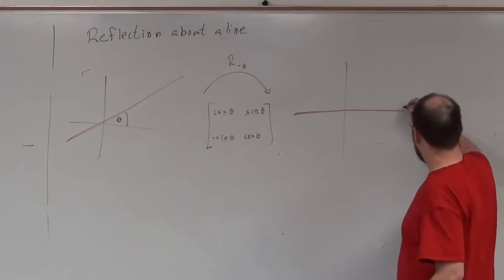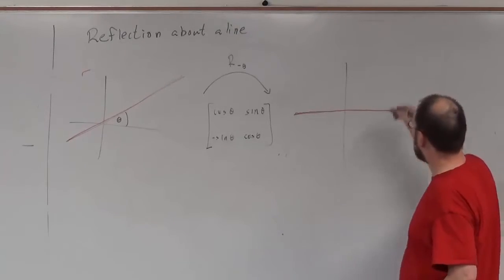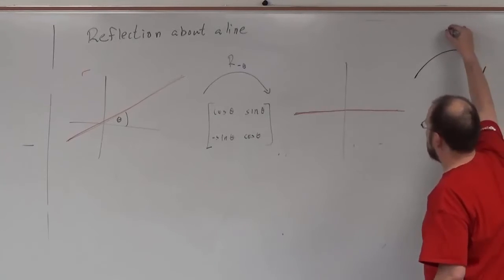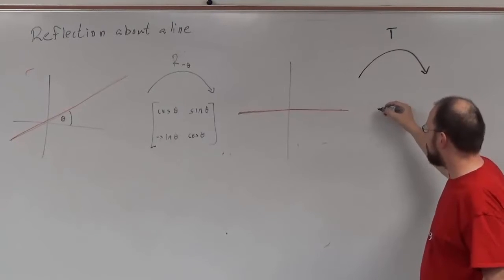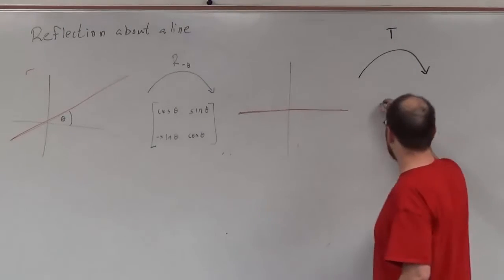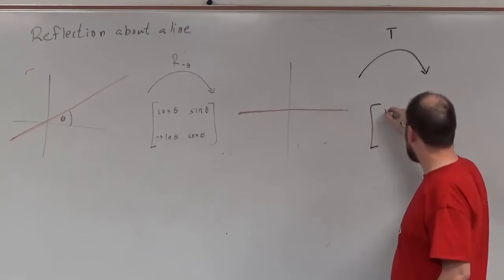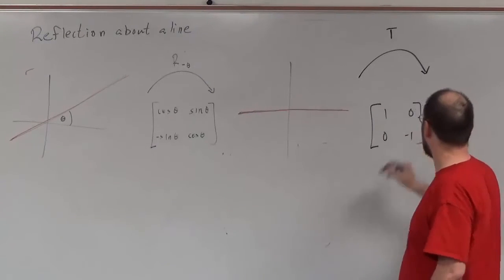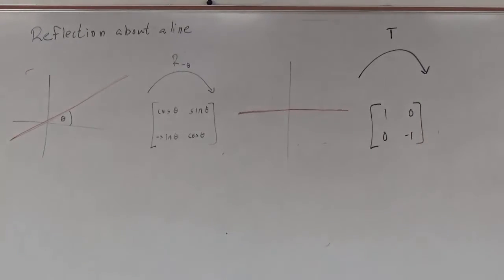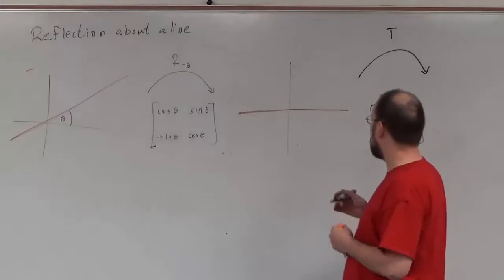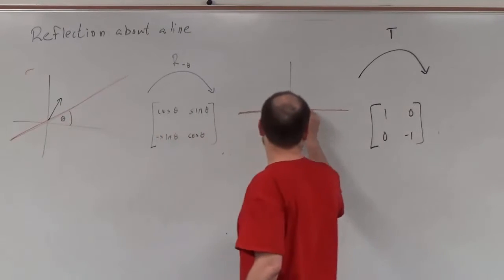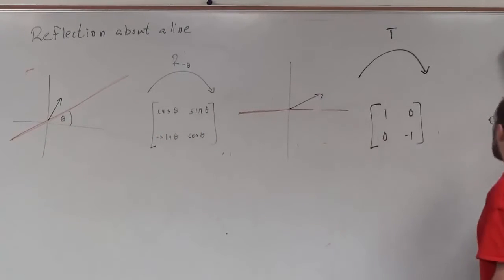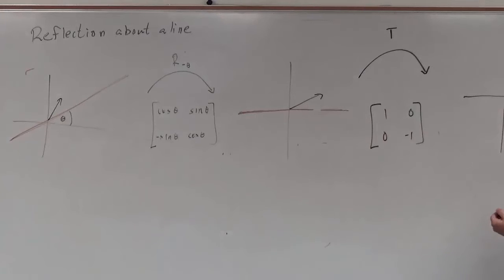Let's call it T, why not? And the matrix representing that was 1, 0, 0, negative 1. So if you had a vector somewhere over here, now we reflect, and the vector is now here.